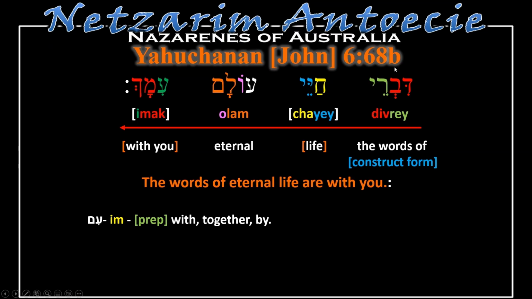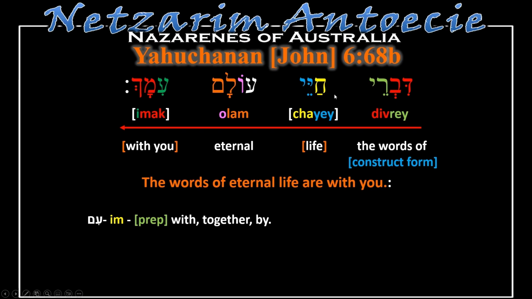And we come to 68b. We have a Dalet, Veit, Resh, Yod. Chet, Yod, Yod. Ayin, Vav, Lamed, Mem, Sofit. Ayin, Mem, Kaf, Sofit. And we read it. Divrei, the words of. The reason it is of, with this ending, it's a construct form.